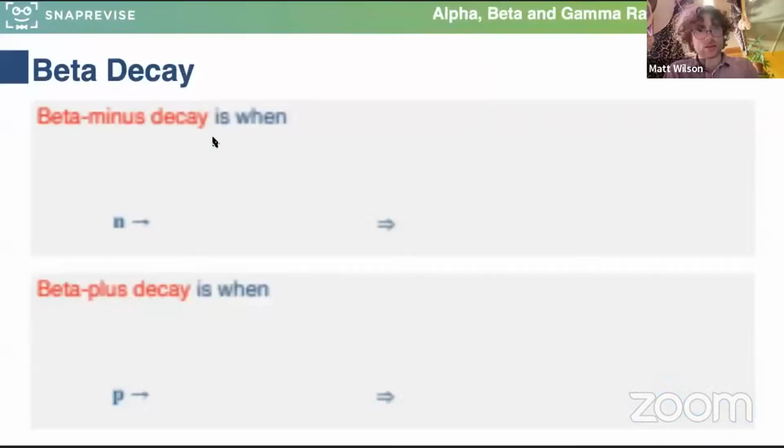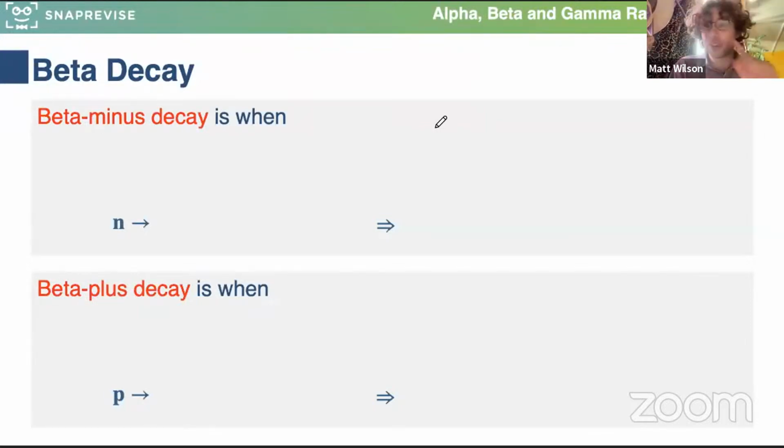Okay, and we're going to look at a few examples, and the classic example is indeed one in which there's a change between protons and neutrons, specifically actually a neutron becoming a proton. So beta minus decay is the name for that process.